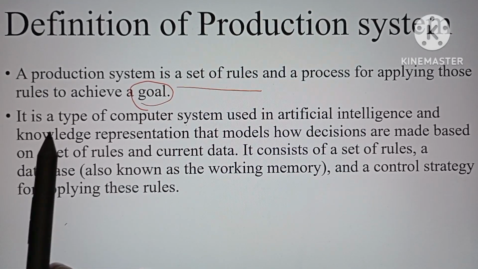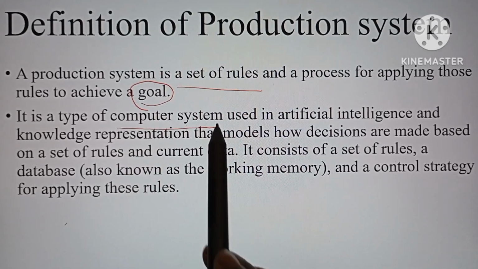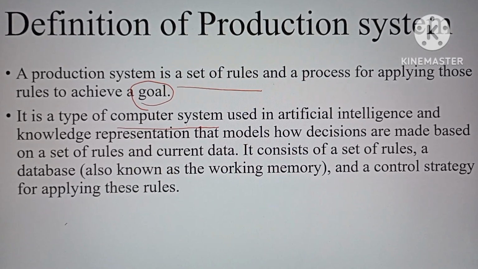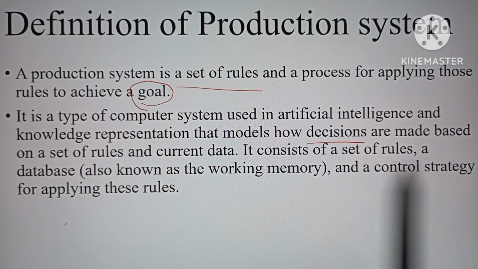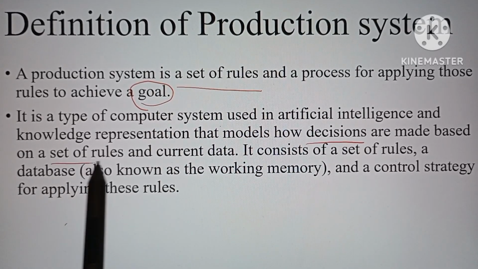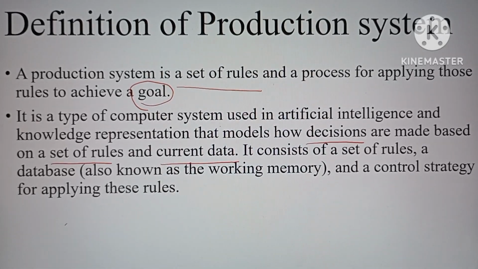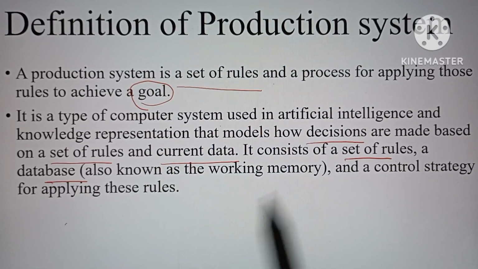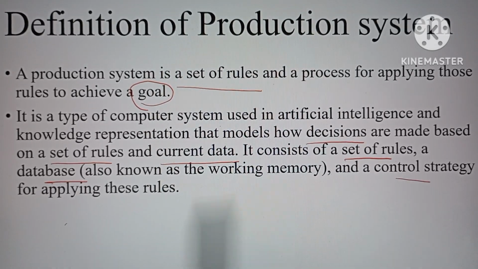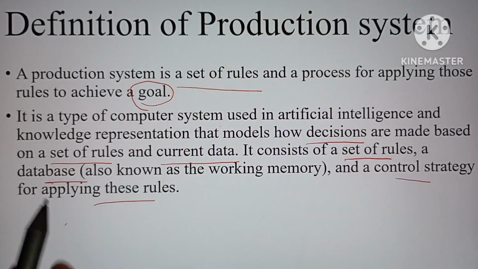A production system is a type of computer system which is used in AI and knowledge representation, and it models how to take decisions based on the set of rules and the current data. This production system consists of a set of rules, a database and a control strategy for applying these rules.